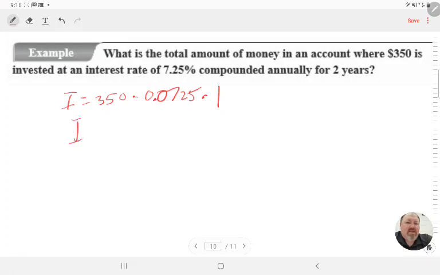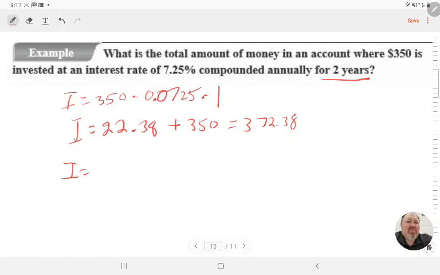So I equals approximately $25.38. We're going to add that to the 350, and we're going to get $372.38. And since this is 2 years, I have to do it again.